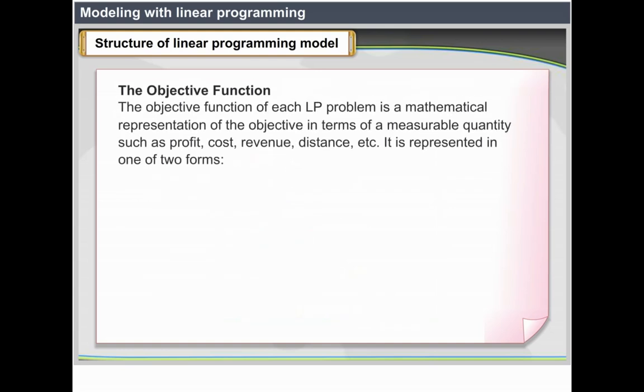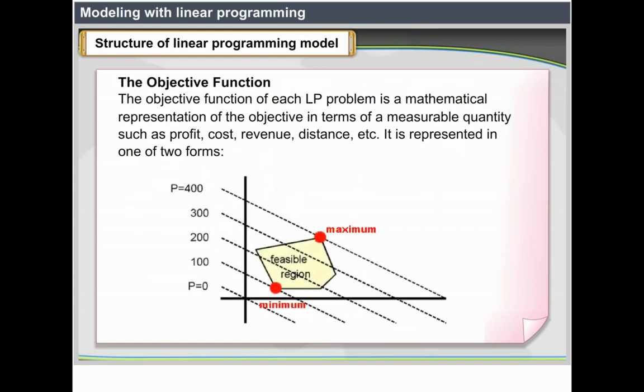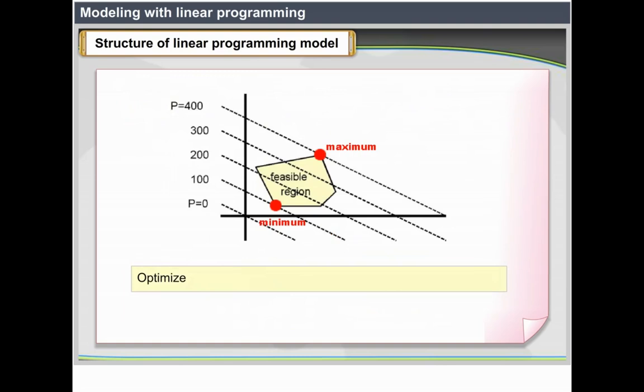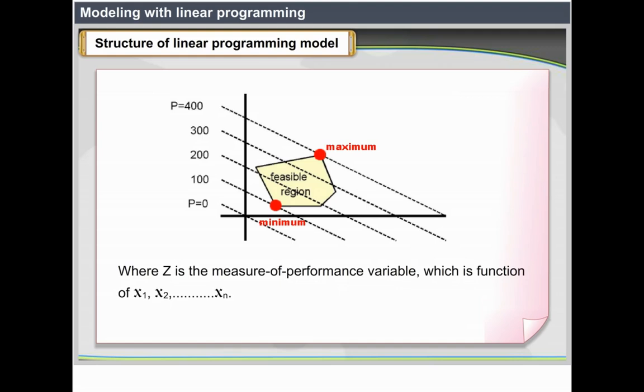That is, x1 ≥ 0, x2 ≥ 0, etc., xn ≥ 0. The objective function. The objective function of each linear programming problem is a mathematical representation of the objective in terms of a measurable quantity such as profit, cost, revenue, distance, etc. It is represented in one of two forms: optimize, maximize or minimize, Z = C1x1 + C2x2 + etc. + Cnxn, where Z is the measure of performance variable, which is a function of x1, x2, etc., xn.